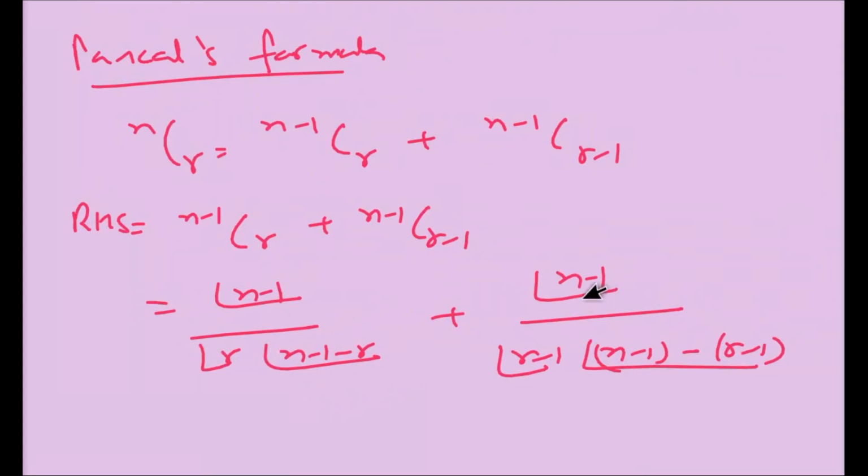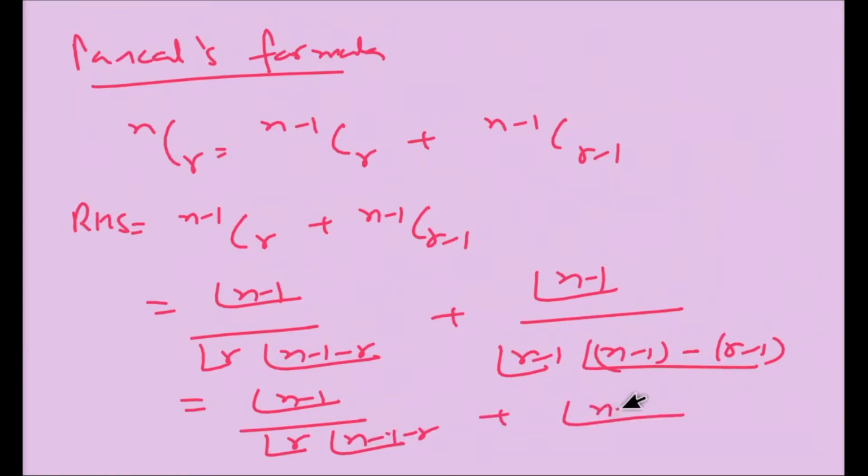Now this will be common. Here factorial R is R into factorial R minus 1, we can open one step here. Here minus 1 minus minus plus 1, that is n minus R. So we can write first n minus 1 factorial upon R factorial n minus 1 minus R plus n minus R. Now this one is greater than this, so we open one step, and this one is greater than this, so we open this.